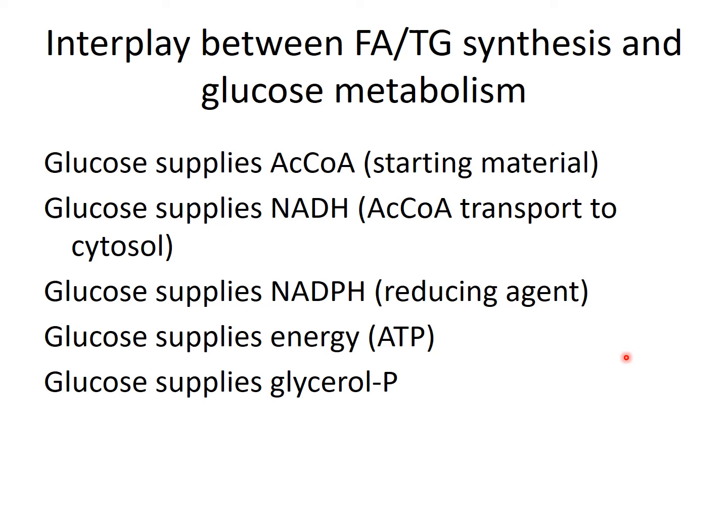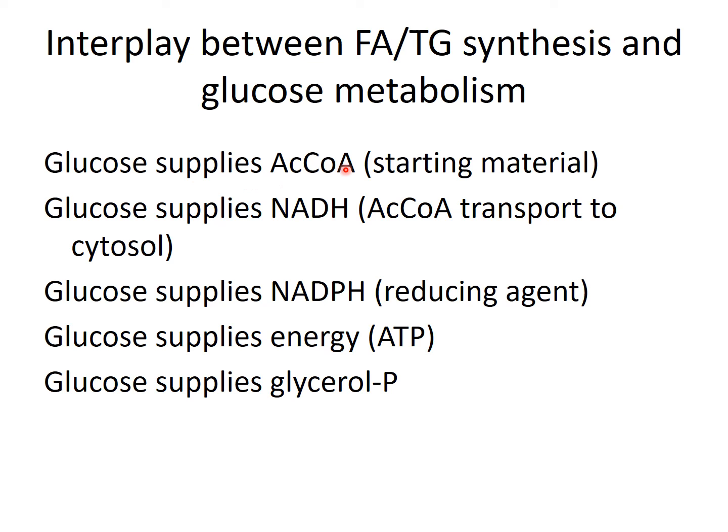One is glucose catabolism from glycolysis and also feeding to the hexose monophosphate shunt, and glucose supplies everything for fatty acid and triglyceride synthesis. I hinted it in the previous couple of minutes, but let's summarize it.